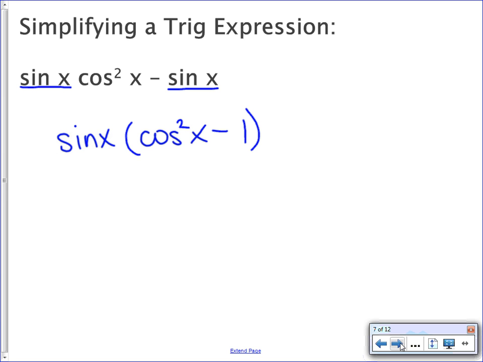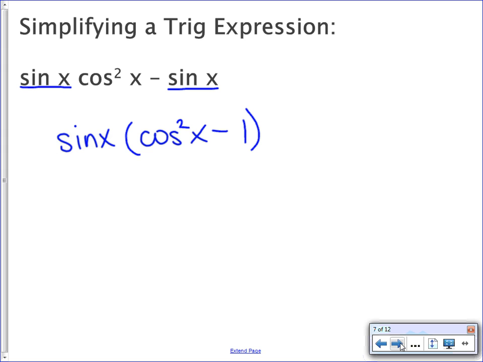Look at your Pythagorean identity over here on the board. What's our identity? Sine squared plus cosine squared equals 1, right? I see a cosine squared and a 1 right here.